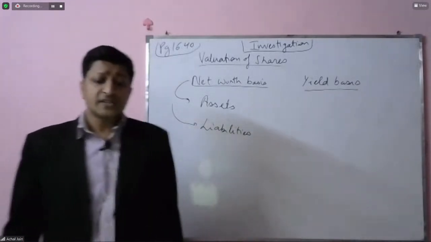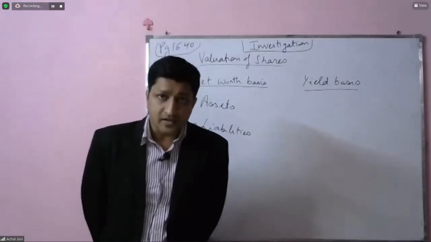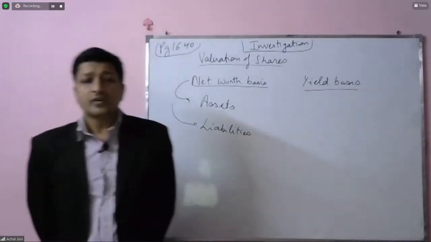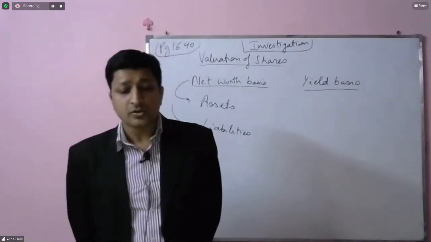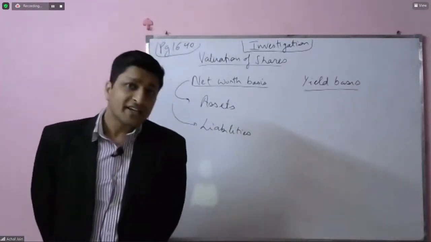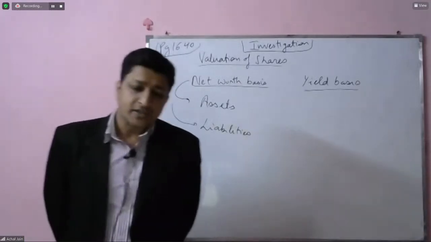Since the effect of these factors is reflected in the prices at which the shares of companies engaged in similar trades and businesses are quoted on the stock exchange, the investigating accountant should consider them.